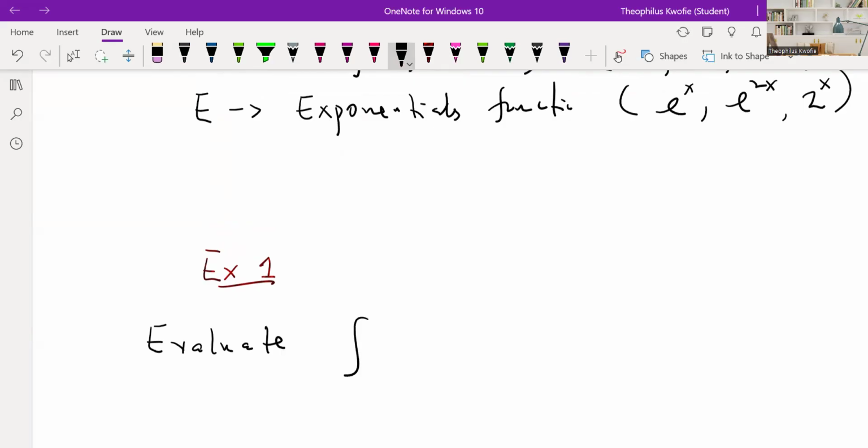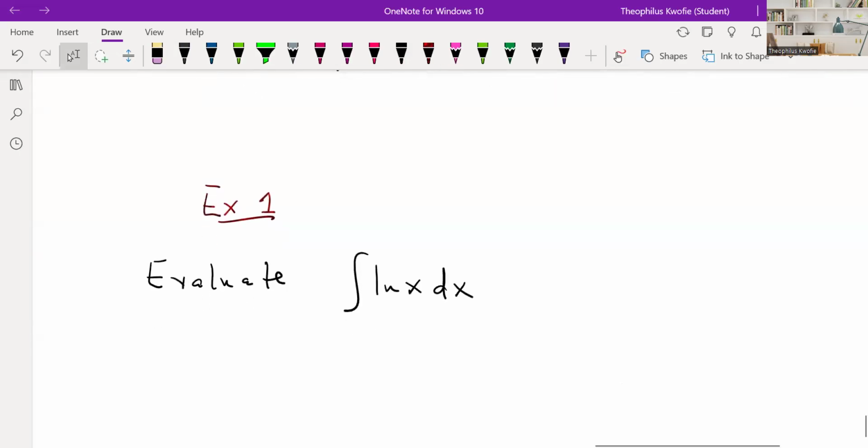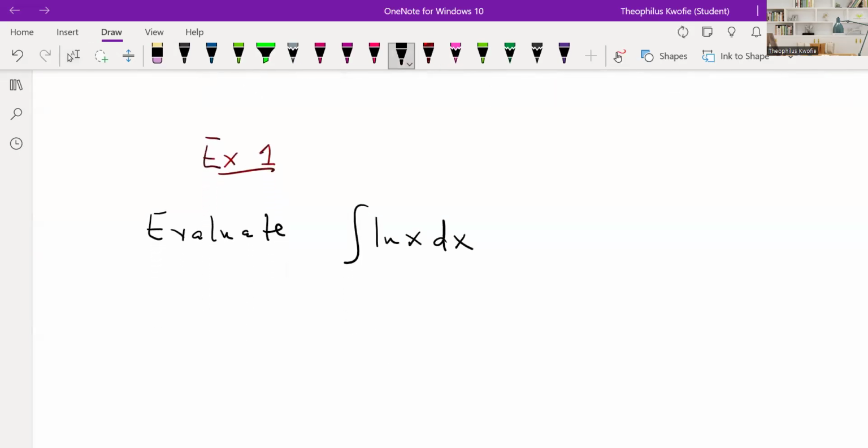If I ask you to evaluate the integral of ln x, how do we do that? How do you solve this integral problem? How do we solve this?